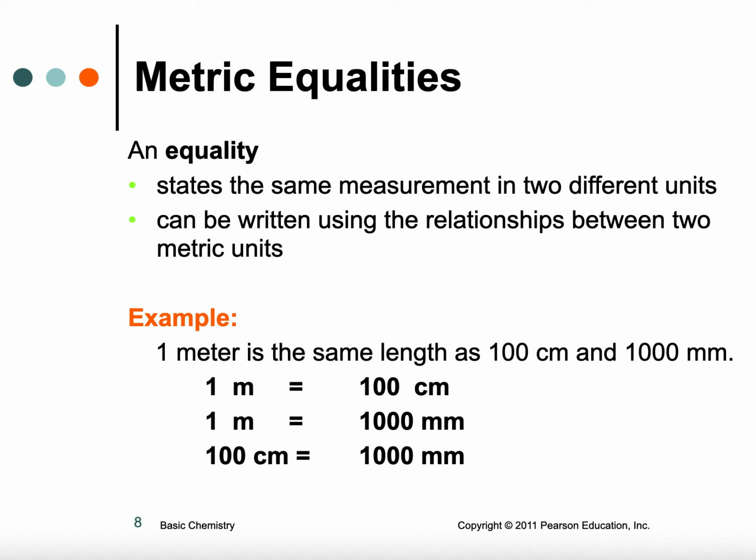If milli means 1,000th, there are 1,000 smalls in a big, so there would be 1,000 millimeters in 1 meter. A centimeter is bigger than a millimeter by 10, so there are 10 millimeters in 1 centimeter. 10 smalls in 1 big.